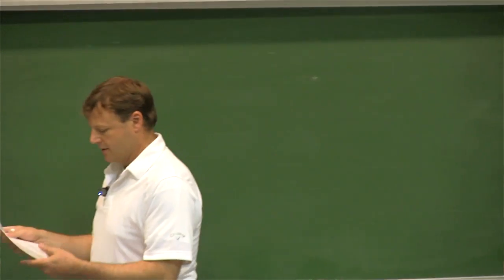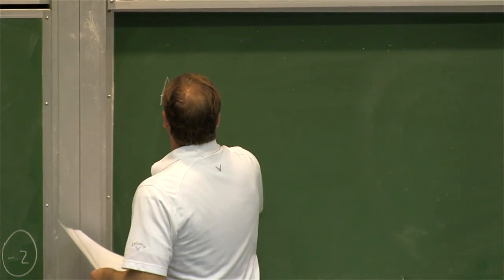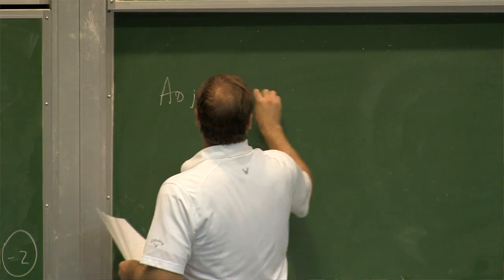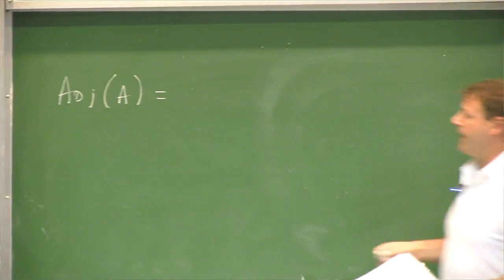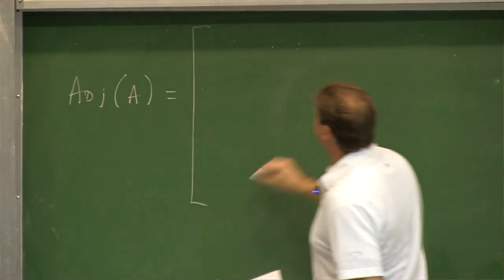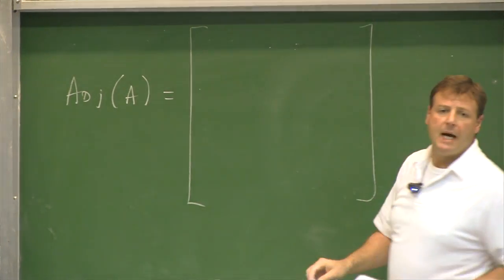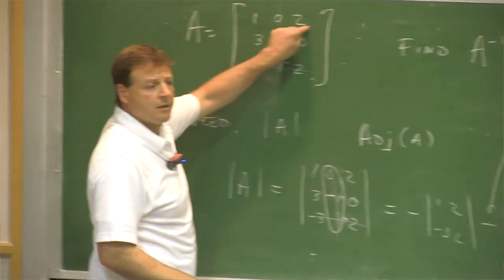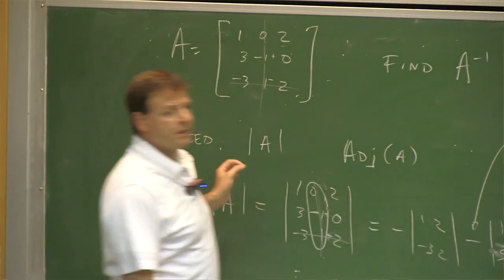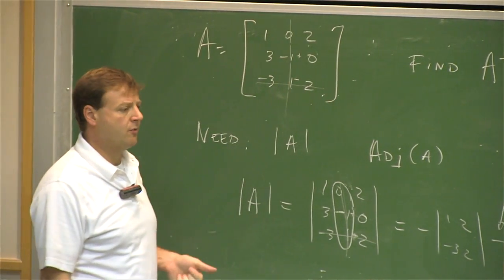All right, now we need to get this adjoint. So what I'm doing is I'm going to calculate the cofactor in every location. There's going to be 9 calculations here. Every single one of those guys, I have to go get the cofactor for each one. I want to make a distinction between calculating the determinant and getting the cofactors.